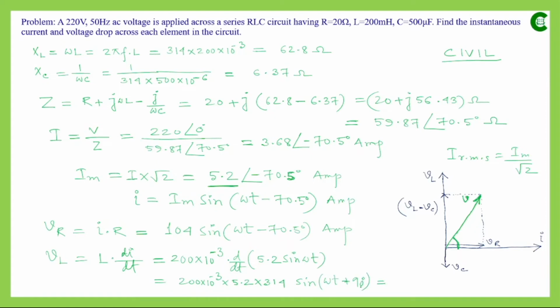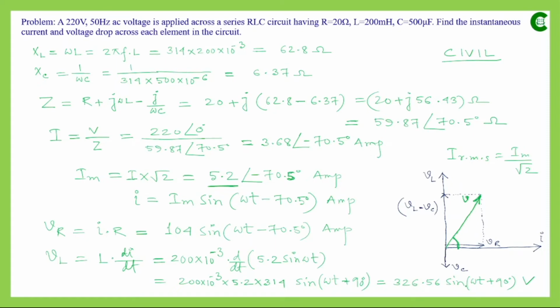So this value will finally be 326.56 volt, and then sine omega t plus 90-degree. 326.56 is the measurement of VL, and this represents that this inductive voltage, the voltage drop only across the inductor, leads the corresponding current by 90-degree.